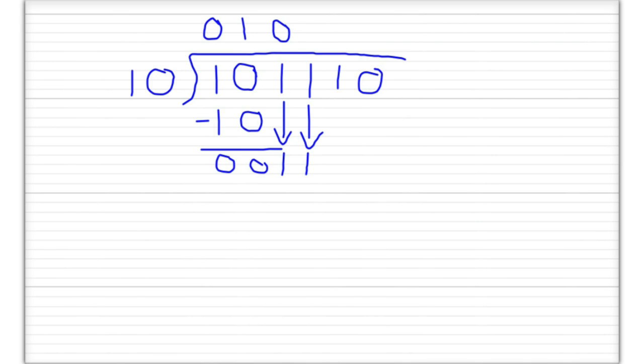So we can put a 1 up here. And then we can take away 1 0 from that. So 1 minus 0 is 1, and 1 minus 1 is 0. We don't actually need to put a 0 there. We know that's 0, so we can leave that. All right. Then we need to ask, is 1 greater than or equal to 1 0?